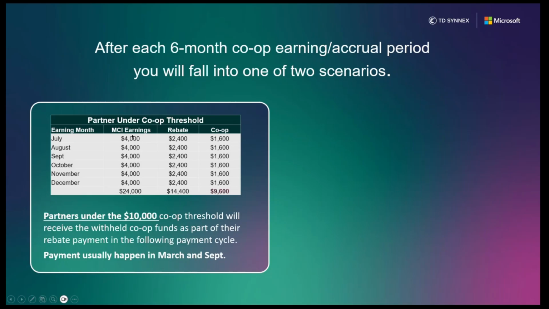Maybe you're earning about $4,000 a month in MCI incentives. If that's the case, every month over that 6 months, it's going to total about $24,000. Your rebate would be about $2,400 a month, and your co-op is about $1,600 a month. So at the end here, this individual had $9,600 of co-op earnings. That is below the threshold, which means that Microsoft will convert the co-op to rebate, and they will see this large payment of $9,600 extra on their rebate.